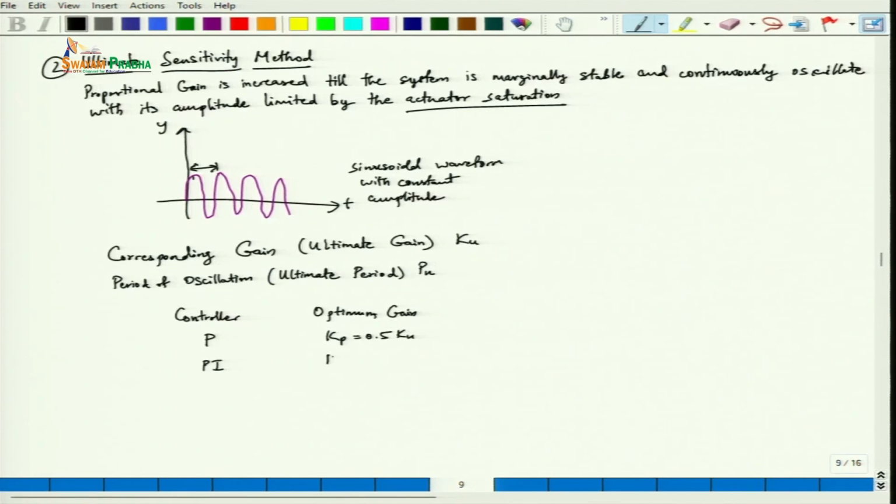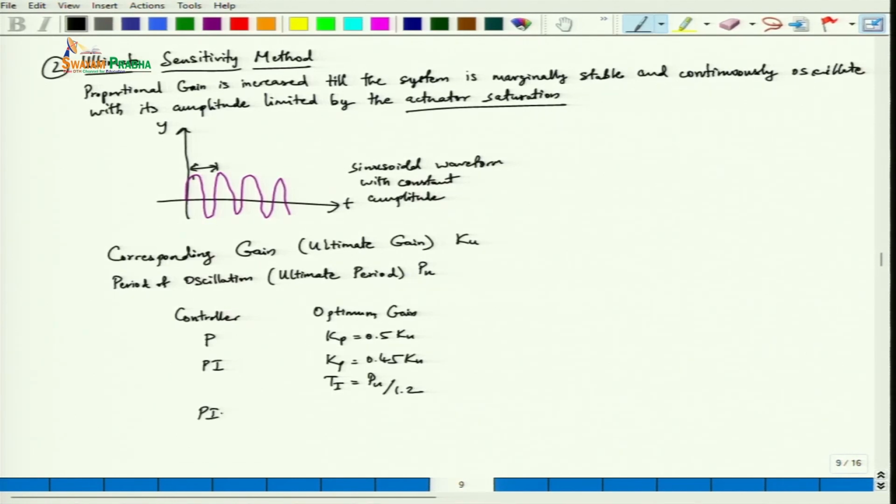Similarly for PI, Kp will be 0.45 times Ku, and Ti will be determined by the ultimate period divided by 1.2.